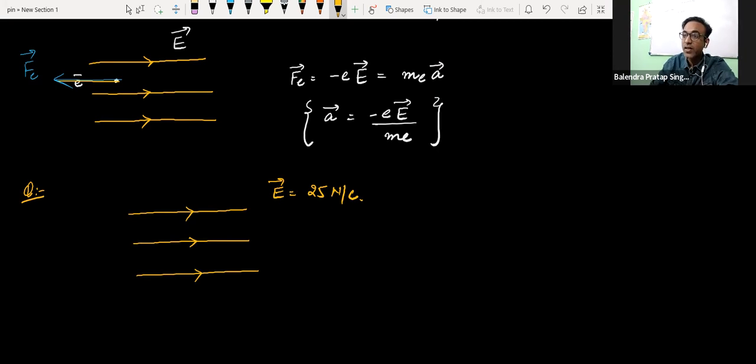If I put a positive charge of 5 micro coulomb, find the force experienced by this positive 5 micro coulomb charge.